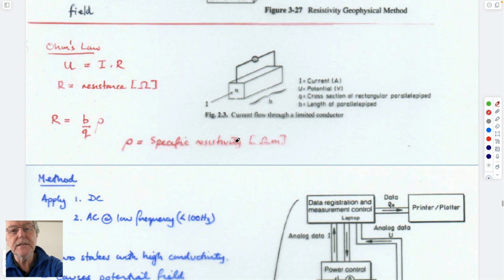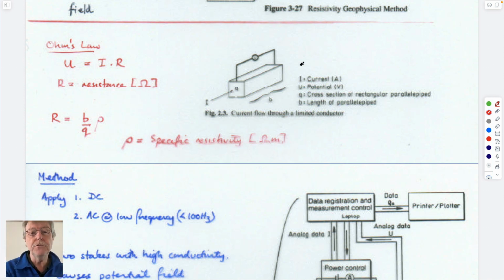So the basic idea is this, that if you look at Ohm's law, U equals IR, so U is voltage, which is potential, the voltage between two locations, across a battery, for instance. I is current and R is resistance.